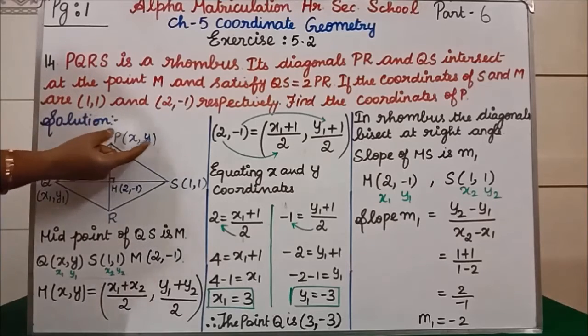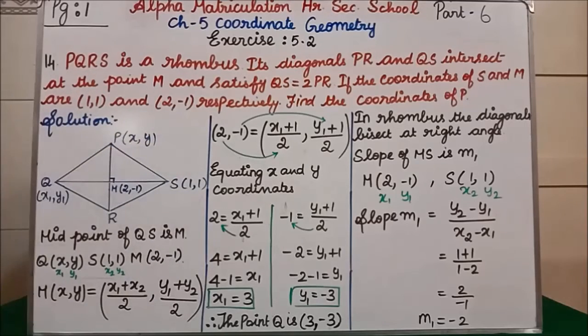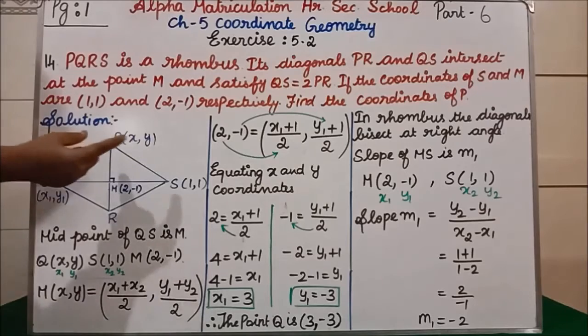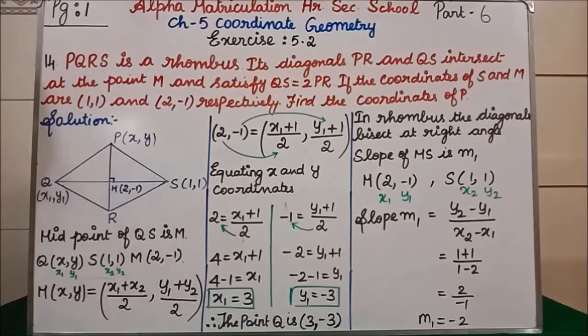Only this coordinate we have to find in the question, but still they have not given the Q point also. That point also we have to find, but this is not asked in the question. Only if we find the Q point can we find the P point.